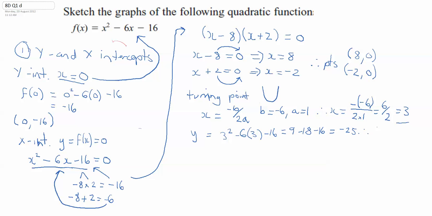Therefore, the turning point is at (3, minus 25).